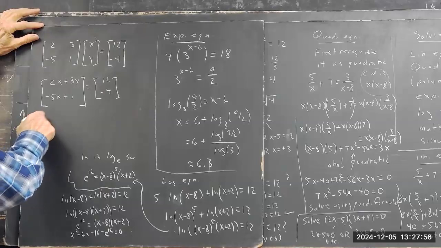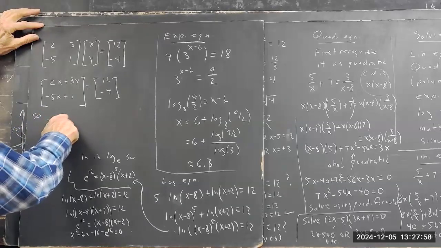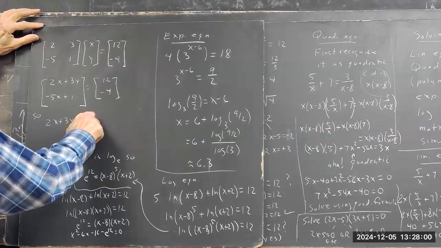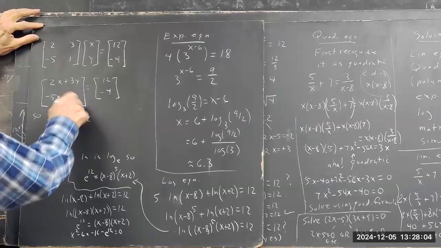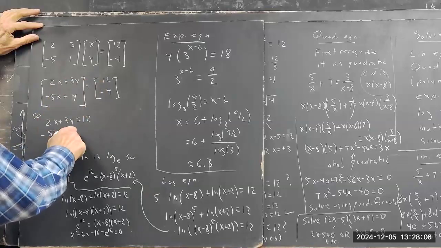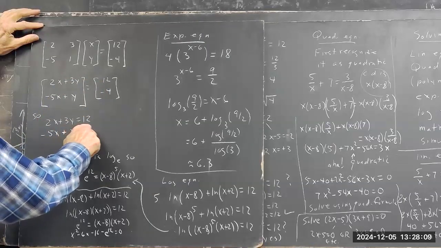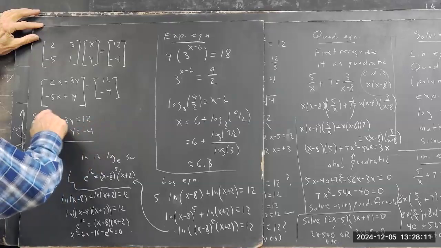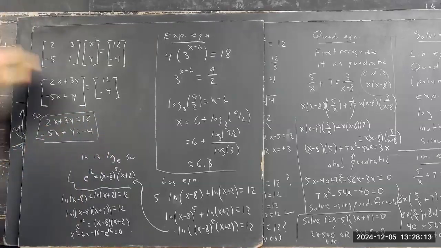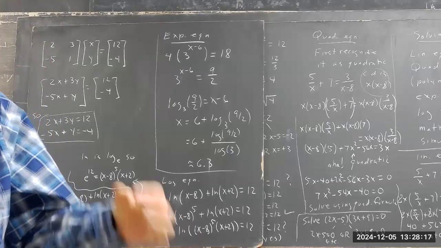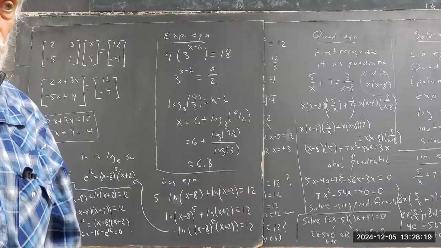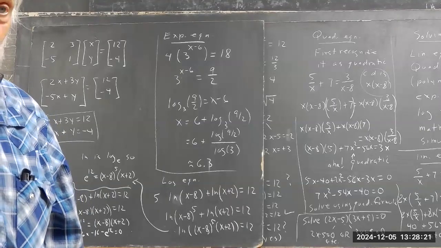So 2x plus 3y has to equal 12, and negative 5x plus y equals negative 4. You've got a friendly system of simultaneous equations that you can solve by elimination, or with an augmented matrix.